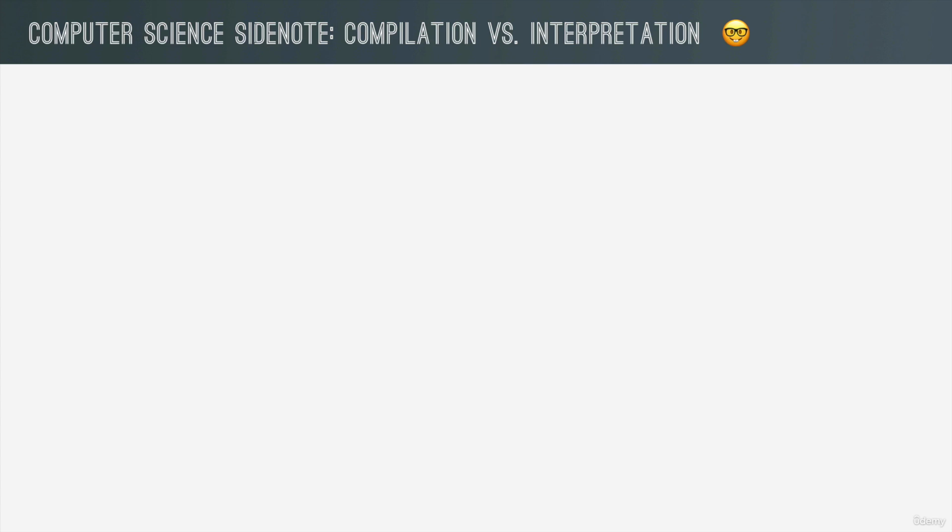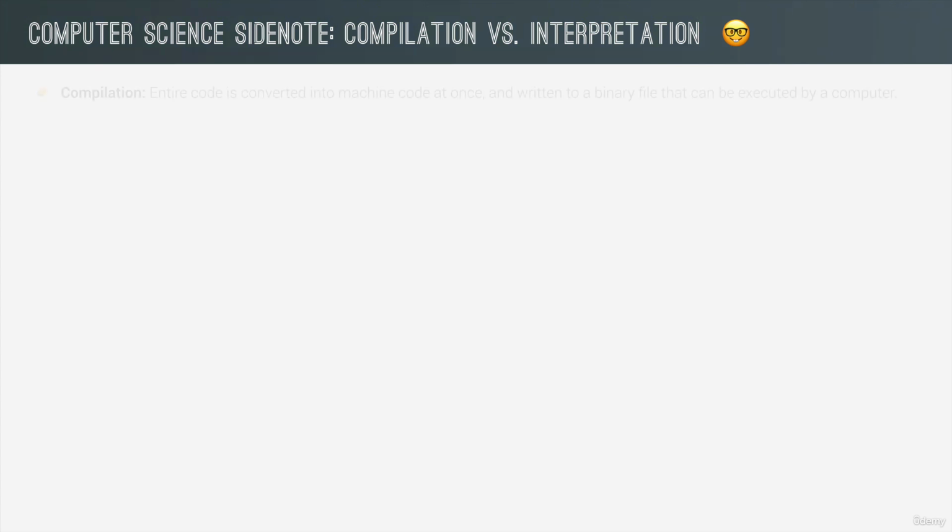So in the last lecture, we learned that the computer's processor only understands zeros and ones, and that therefore every single computer program ultimately needs to be converted into this machine code. And this can happen using compilation or interpretation.